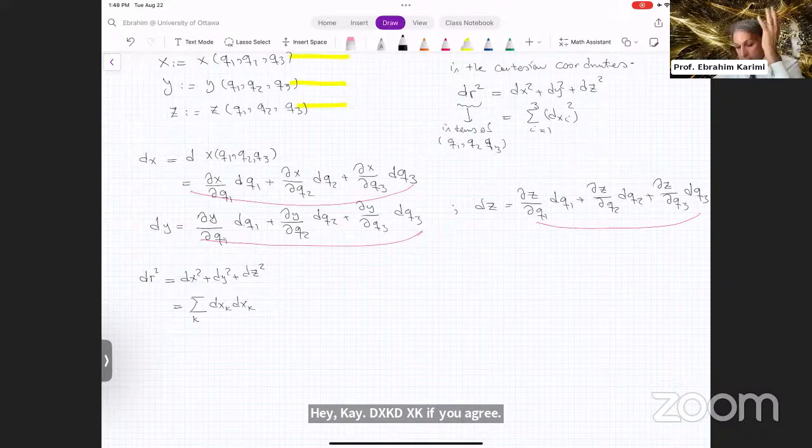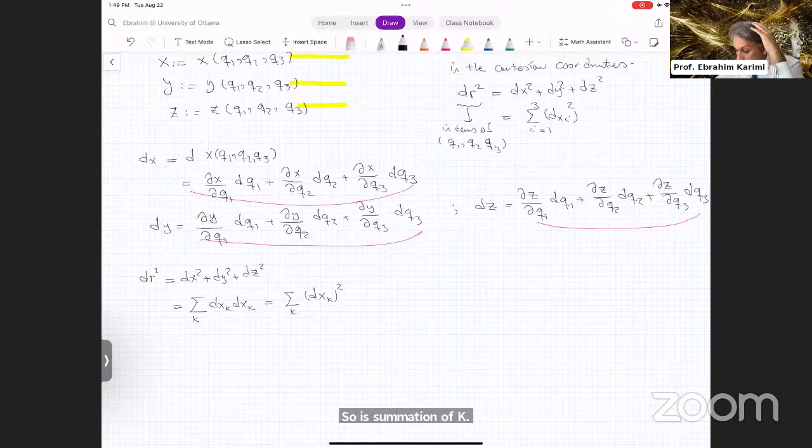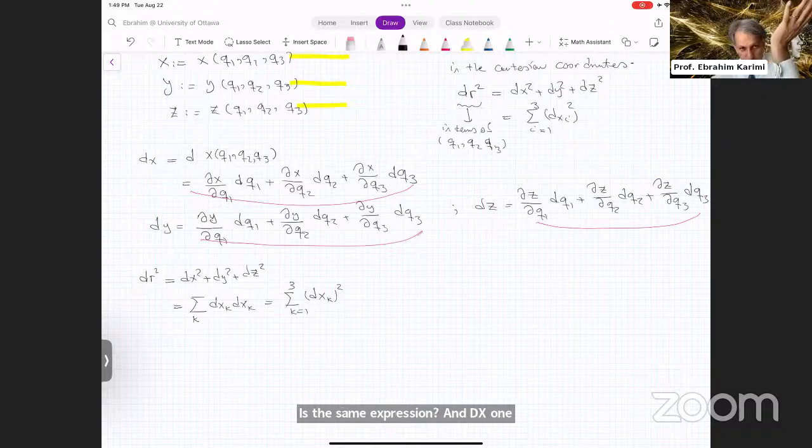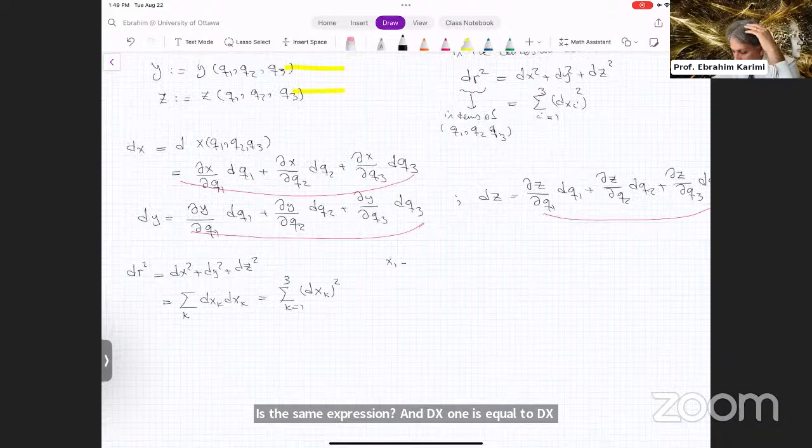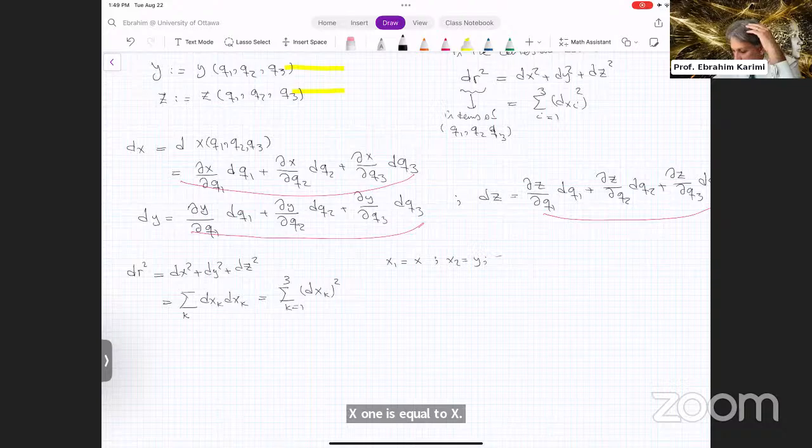It looks like dx to the power of 2, right? So it's the summation over k of dx_k to the power of 2, where k is changing from 1 to 3, which is the same expression. And dx1 is equal to dx, so x1 is equal to x, x2 is equal to y, and x3 is equal to z.